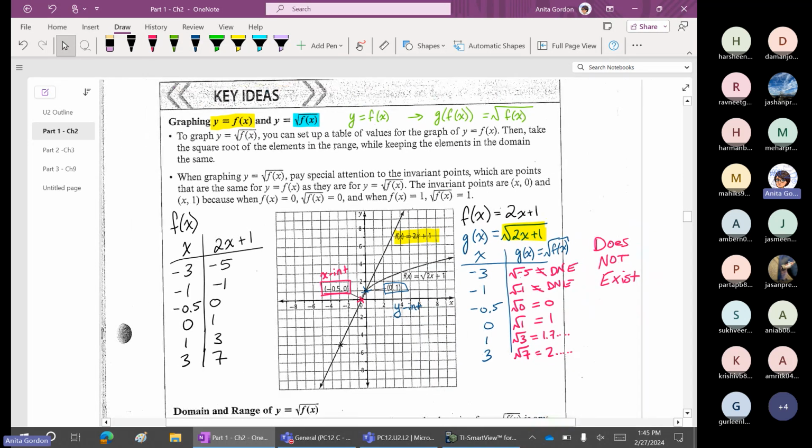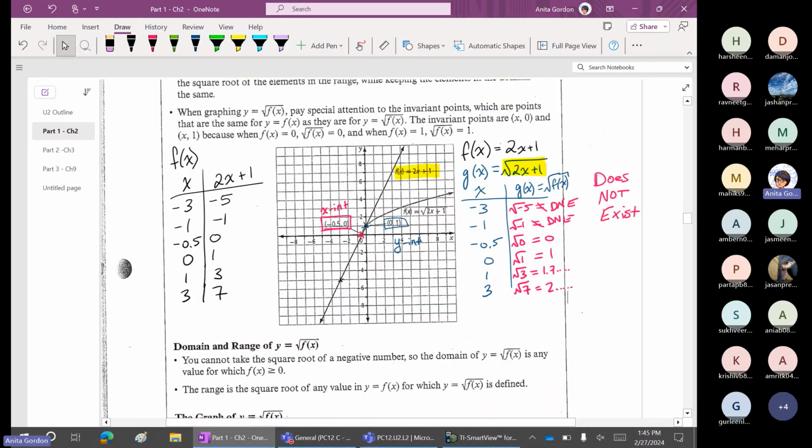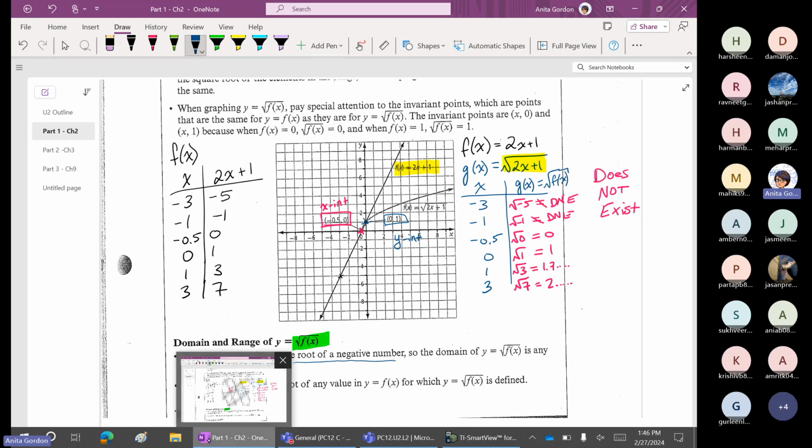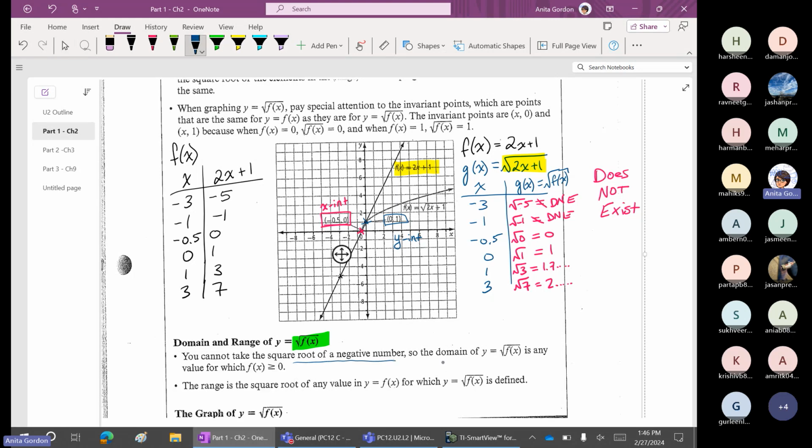Key things that we can glean from this. When we have a function created by the square root of another function, because we cannot take the square root of a negative number, we need the domain of the square root function such that the original f of x has to be greater than 0.